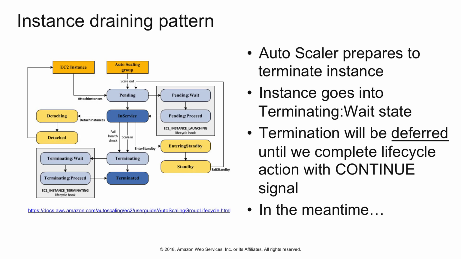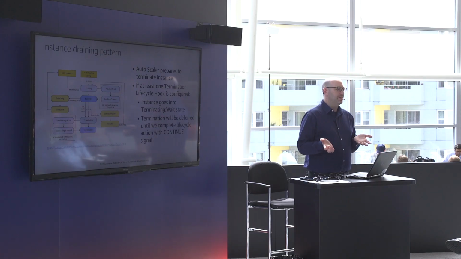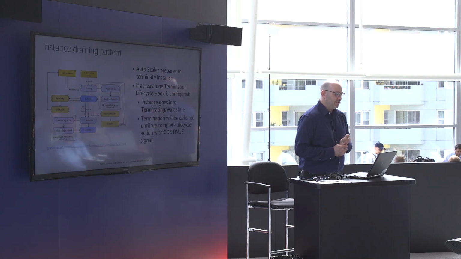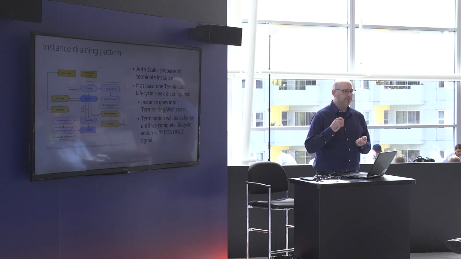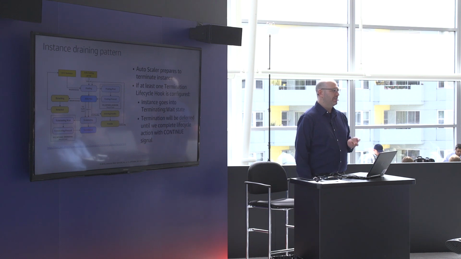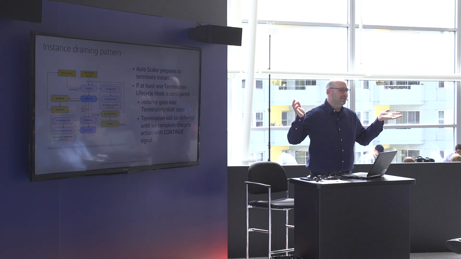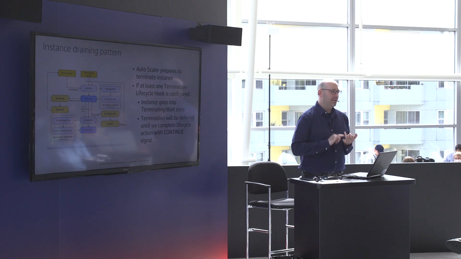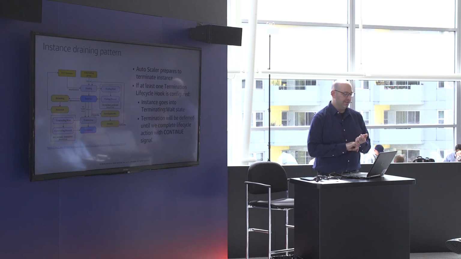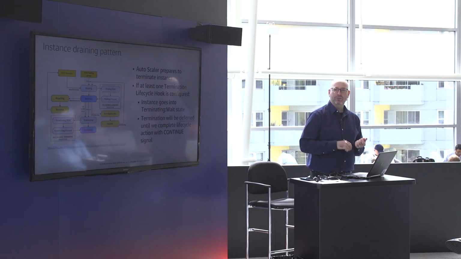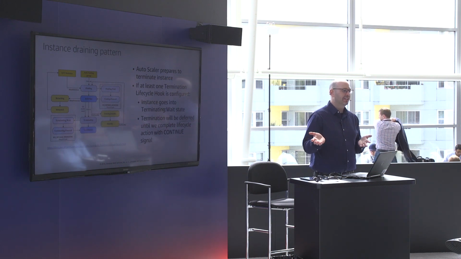One of the really cool things you can do with EC2 autoscaling groups is specify a termination lifecycle hook. You just configure this when you set up the autoscaling group, and you give it a name. It doesn't matter what the name is. When the autoscaler prepares to terminate the instance, it will put the instance into a state called terminating wait.